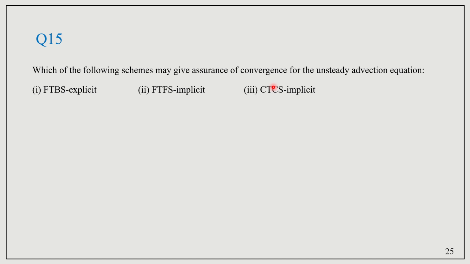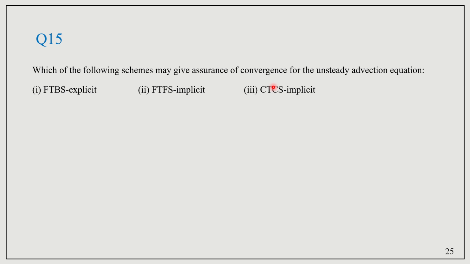Now next we need to check for consistency. So when do we say the system gives assurance for convergence? When the system is stable and it is consistent. So all three systems are stable enough. Now when we look at consistency, if delta t and delta x approach 0 and the error is also minimizing, we call it a consistent system.